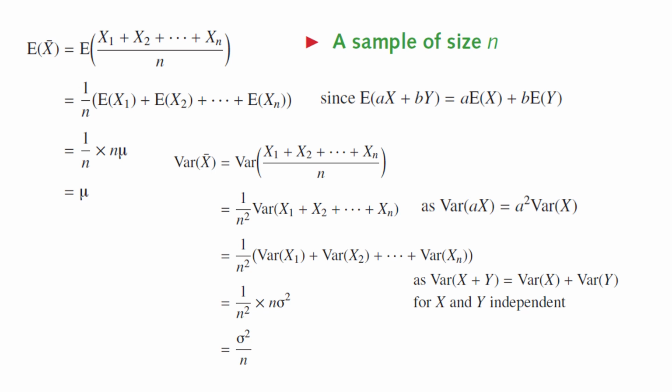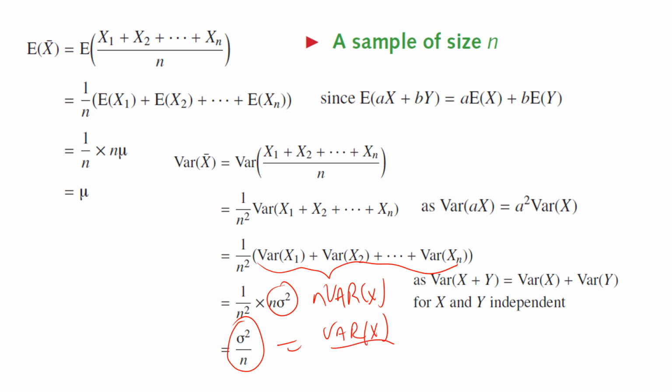So there's n lots of the variance of x, divided by n squared, which leads us to this general rule. So it's the variance of x divided by n, and we use the notation sigma squared for the variance of x.